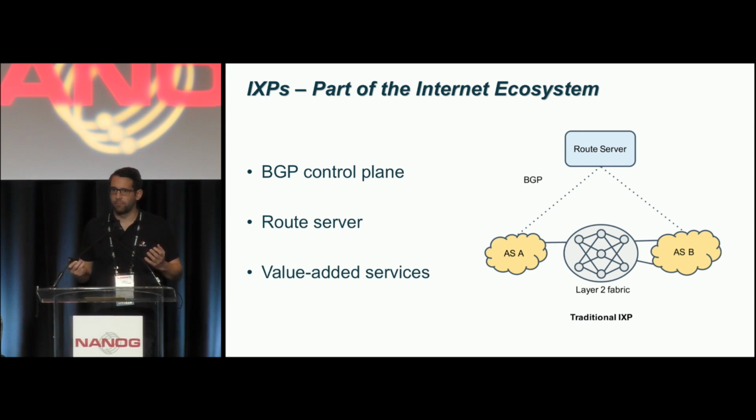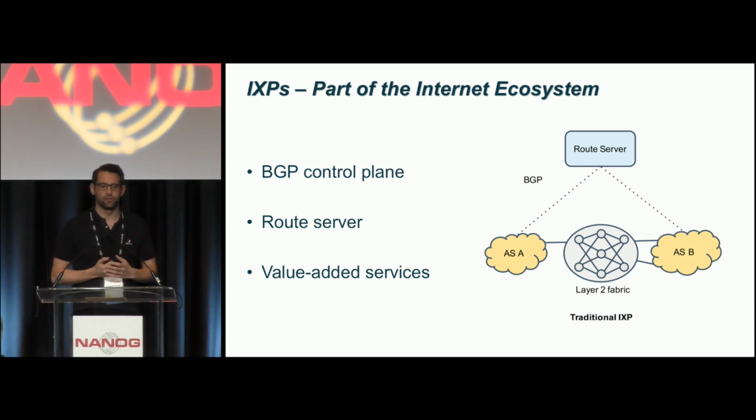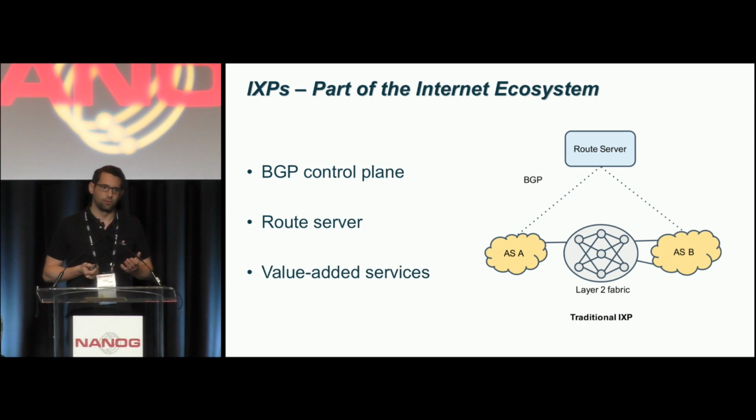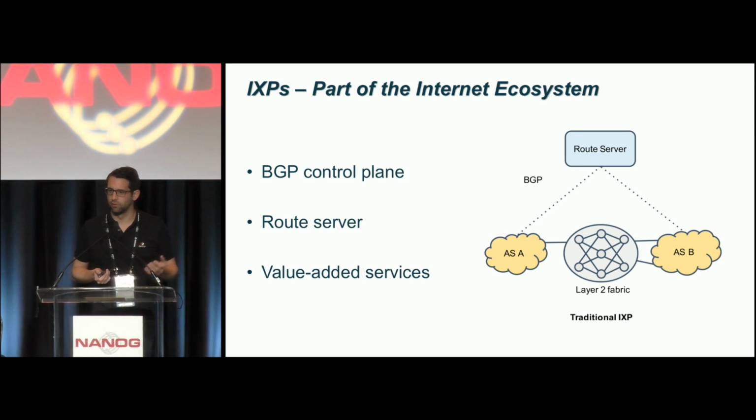So in this setup, they can do multilateral peering. And to wrap this up, IXPs also offer, besides the route server, other value-added services, such as DDoS mitigation, which could be blackholing, or other services like filtering at the route servers. It really depends on the IXP.